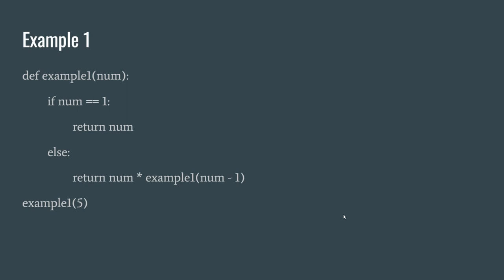So let's do one thing. I'll copy this function, and for the entire lecture, we will try to get the output of this function and also tell what this function is doing. For example, we have to get the output of example1(5), and then we have to tell what this example1 is all about.